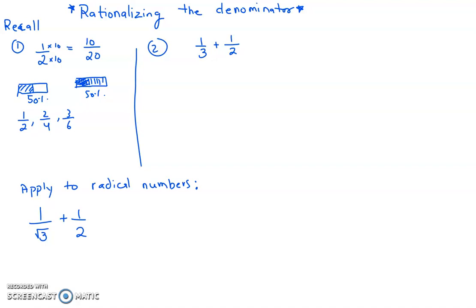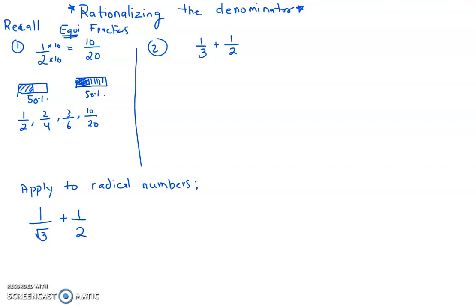As long as your most reduced fraction is multiplied by the same number on both top and bottom, it will always represent the same percentage. So all of these represent the same 50%: 2 over 4, 3 over 6, 10 over 20. The only difference was that we were multiplying by a different number, but it was the same for the numerator and denominator. So that's one: equivalent fractions is something that we need to remember.